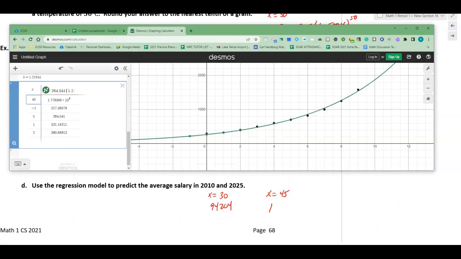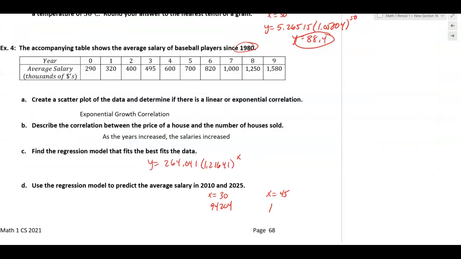That would be, in this case, 1,779,388 times 10 to the 6th, which if we move that decimal over 6 places, it'd be 1, 2, 3, 4, 5, 6. It'd be 1,779,388.